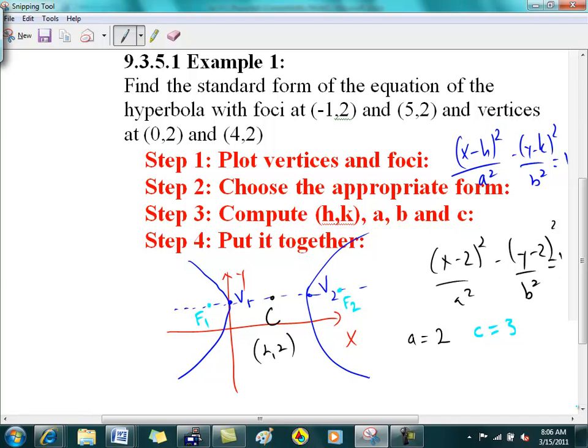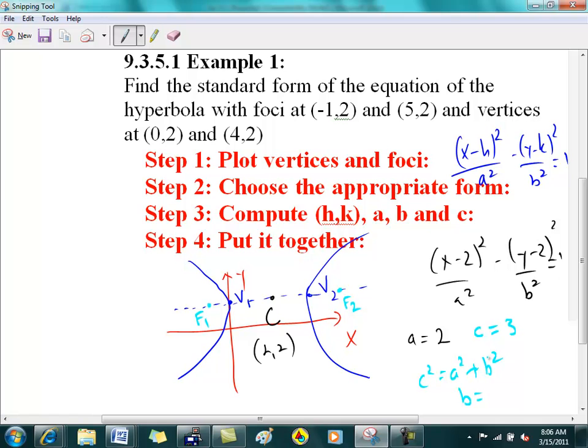Okay, can someone give me B then, using C squared equals A squared minus B squared? Well, it is right there. I made a mistake.